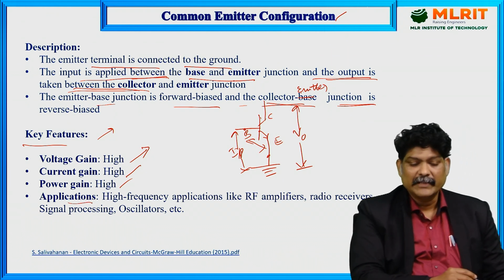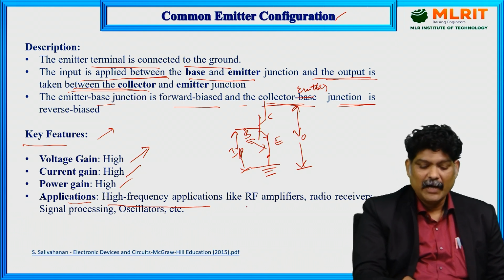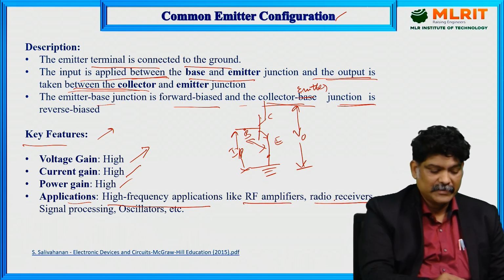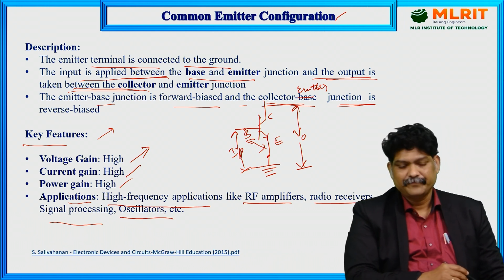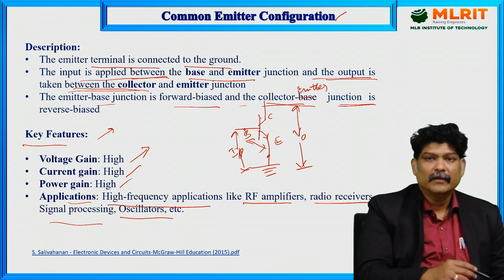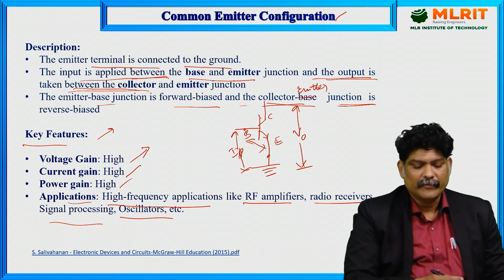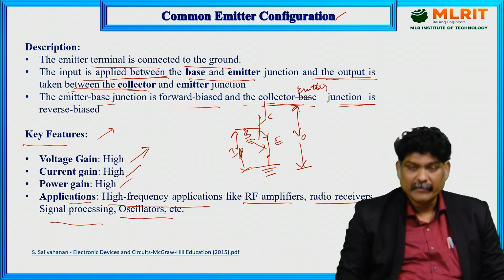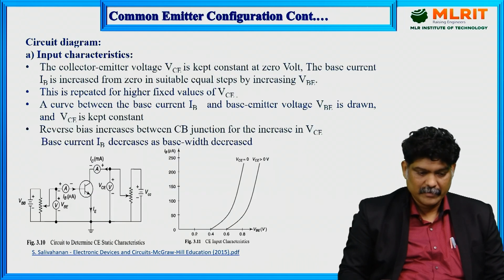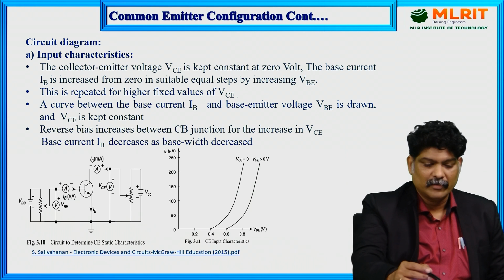Applications of CE configuration are high frequency applications like RF amplifiers, radio receivers, signal processing techniques, and oscillators. Among all these configurations, the CE configuration is very frequently used for applications. Let us see the common emitter configuration in detail.